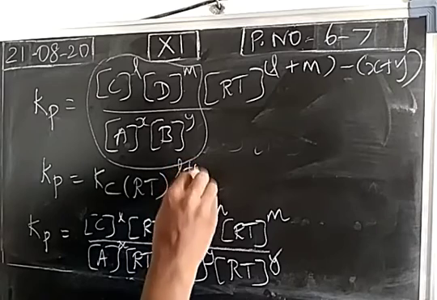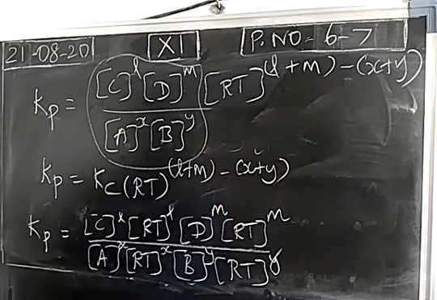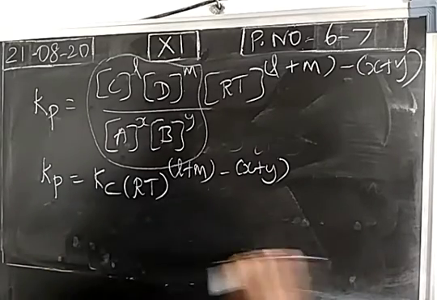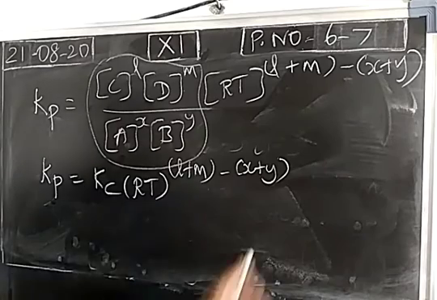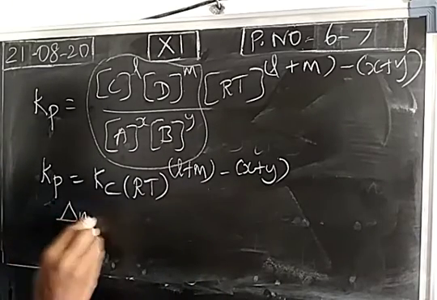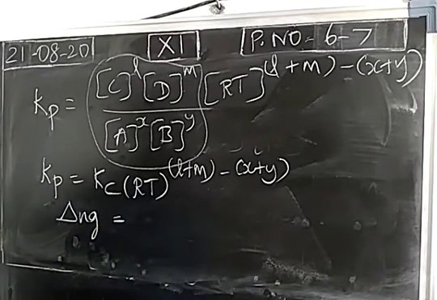RT power L plus M minus X plus Y. So this can be changed as delta Ng.